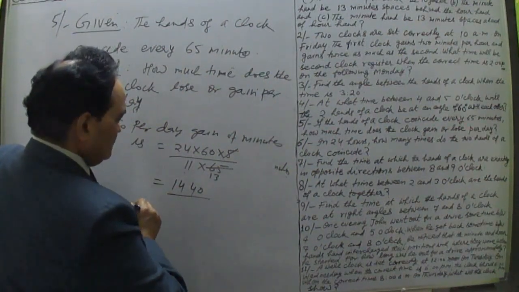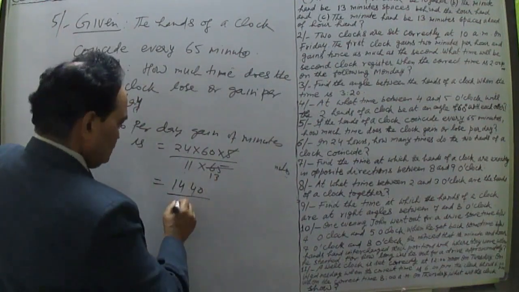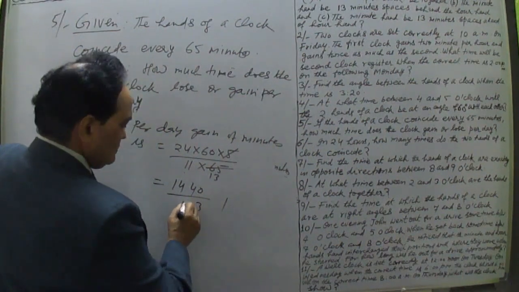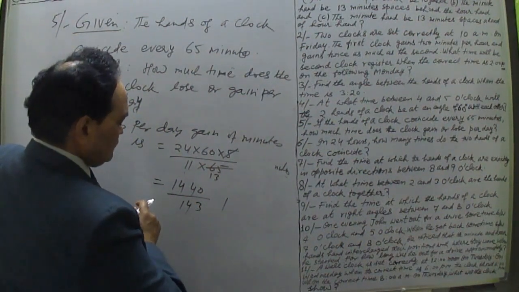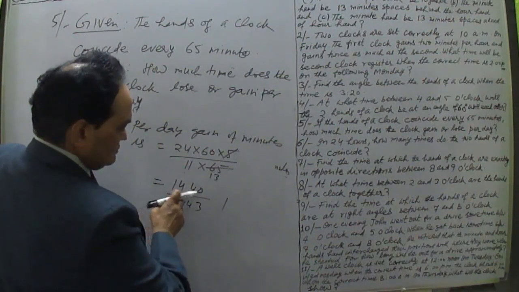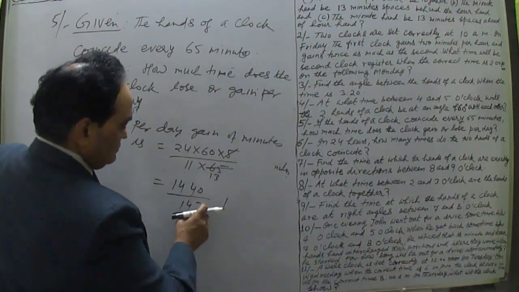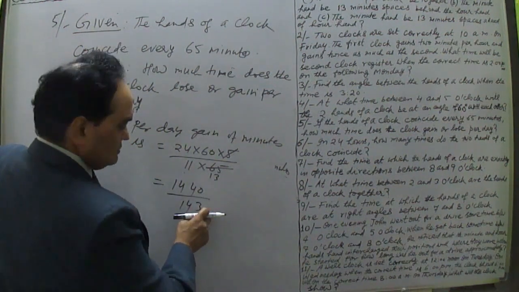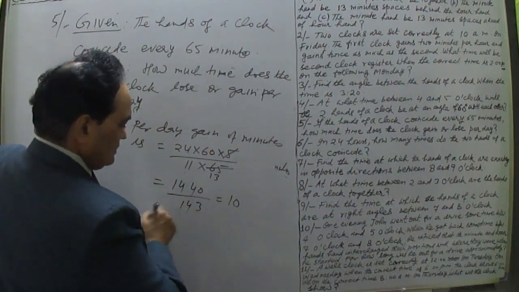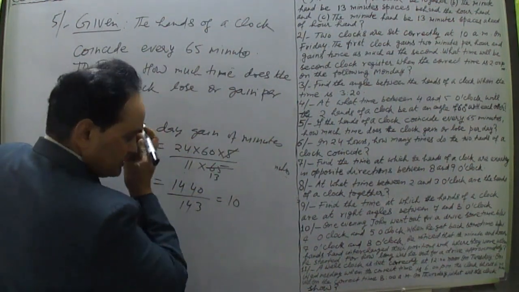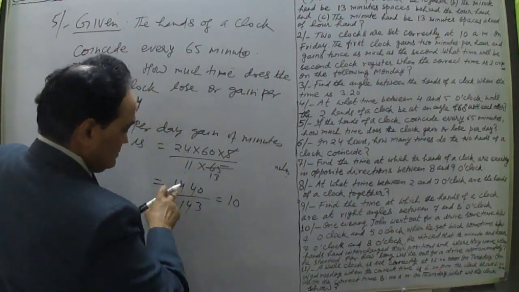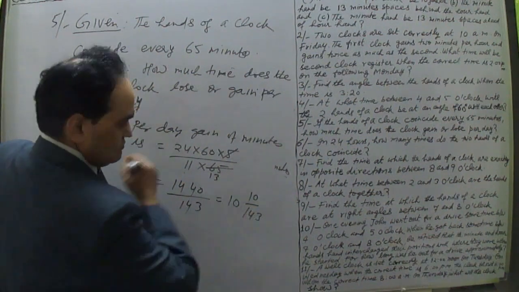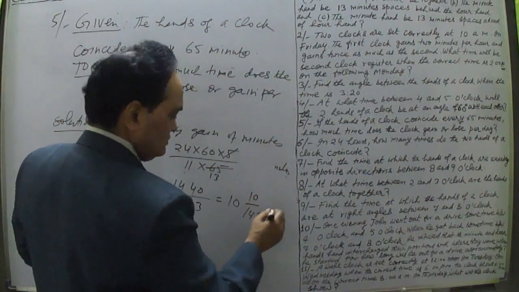It is not divisible by 11, no problem. Okay, so 13 into 11 is 143. Approximately, 1430 is 10 times 143, so it is 10 and 10 upon 143 minutes gain.